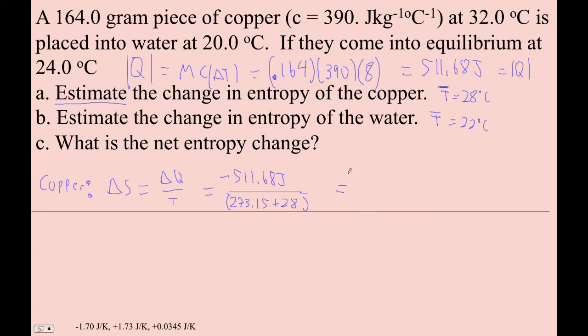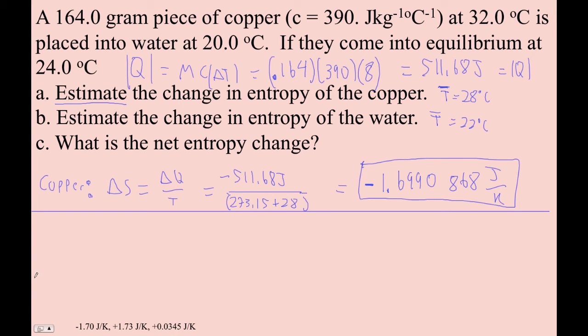So let's go negative 511.68 divided by parentheses 273.15 plus 28. And that is negative 1.6990868, etc., joules per Kelvin. Okay, and that's for the copper.